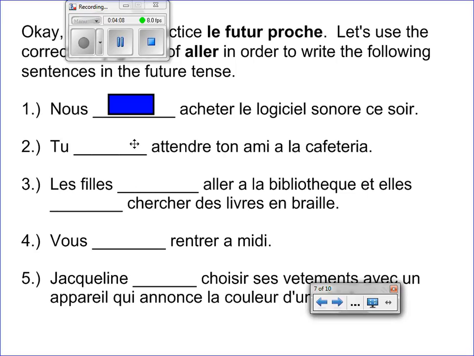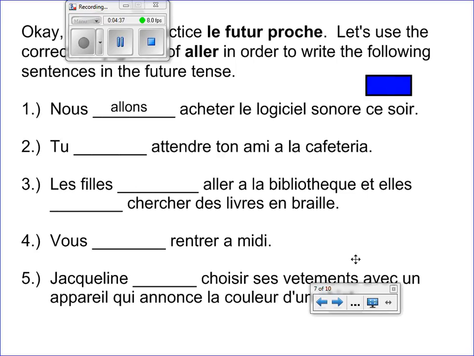Nous blank acheté le logiciel sonore ce soir. We need to put the correct conjugation for aller between nous and acheter, the subject and the verb. So going back to our aller chart, see when it's nous, it's allons. So nous allons acheter le logiciel sonore ce soir.